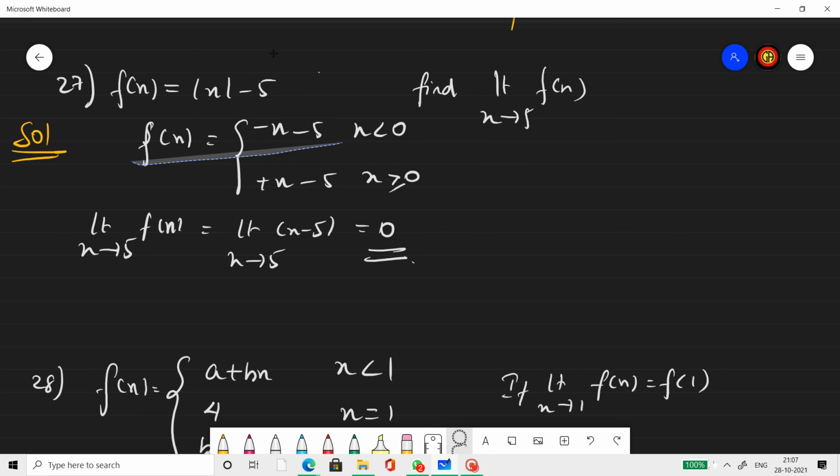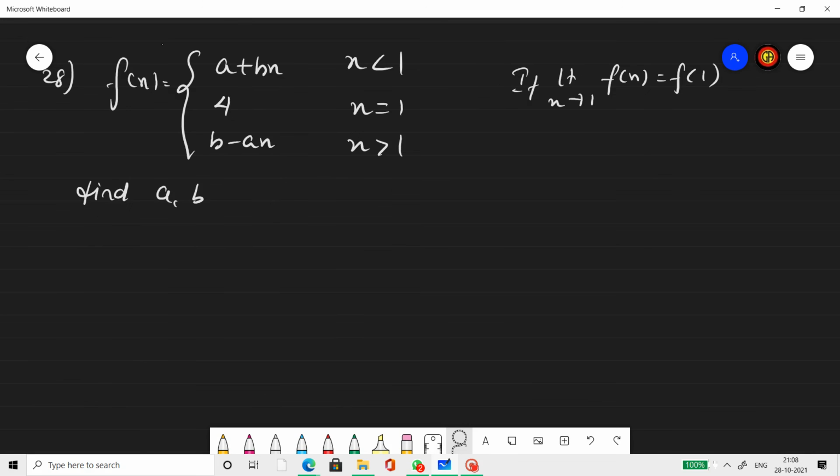So f of x becomes minus x minus 5 when it is below 0, x minus 5 when it is greater than or equal to 0. And 5 is a number that is above 0. Therefore, we will do limit extends to 5 f of x on x minus 5 and the answer is 0 there.